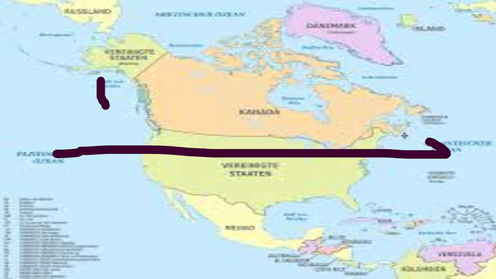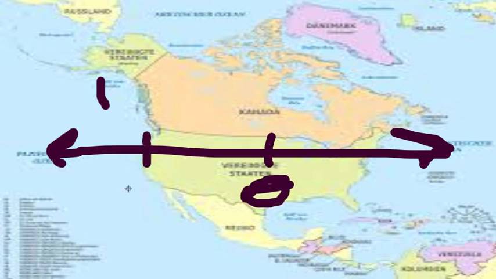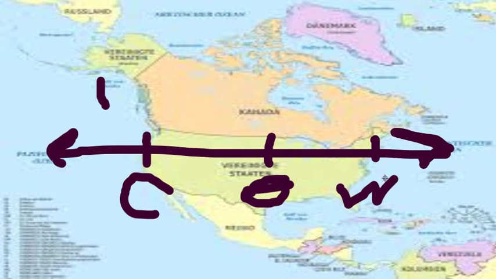So there are two different types of PNA. Let me draw it out for you. Let's pretend this is 0 degrees. Cold is in the negative on the left, and 1 is on the right.